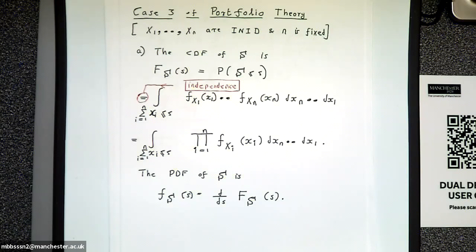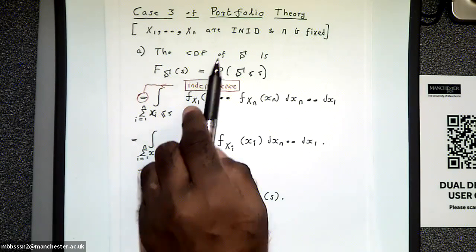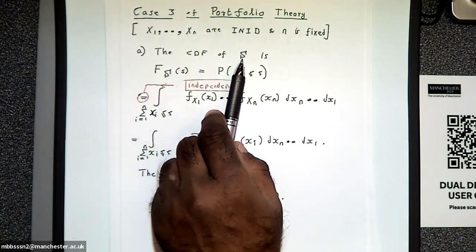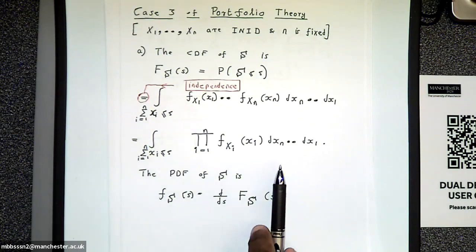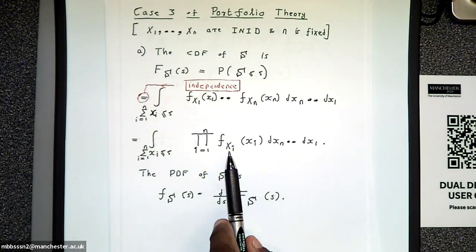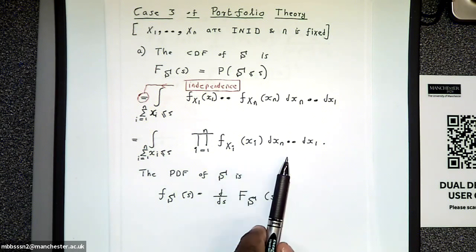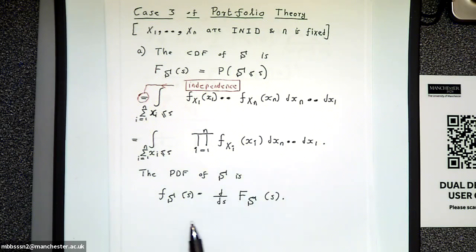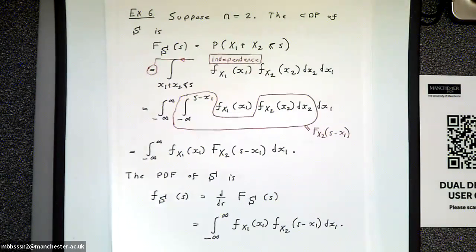In this case, it can be shown that the CDF of total portfolio loss is given by this formula. Again, I don't expect you to know the derivation, but you should know how to apply it if I give you a problem. And this is the density of the total portfolio loss. This is an example.